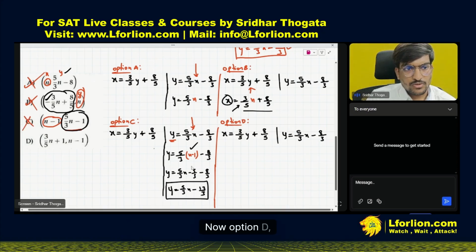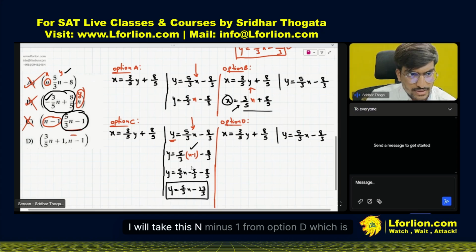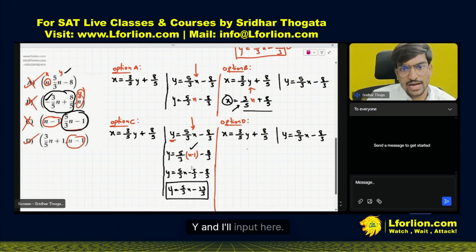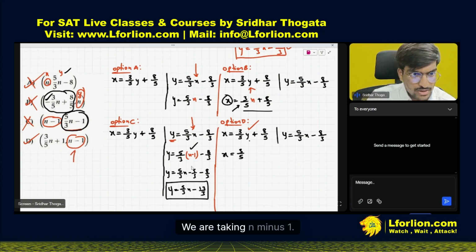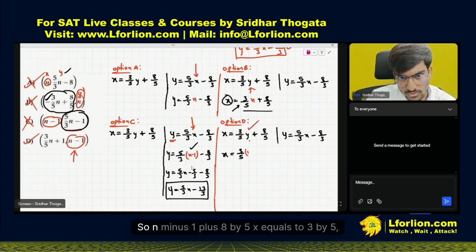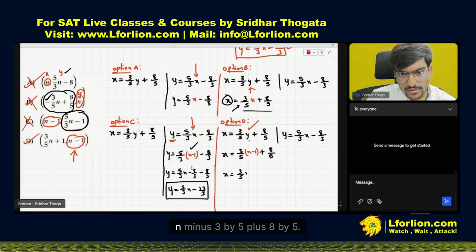Now option D. I will take this n minus 1 from option D, which is y, and input it here. Let's see what x value we get. x equals 3 by 5 times the y value, n minus 1, plus 8 by 5. x equals 3 by 5 n minus 3 by 5 plus 8 by 5.